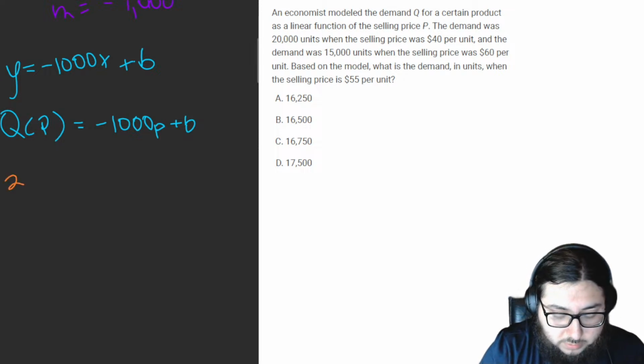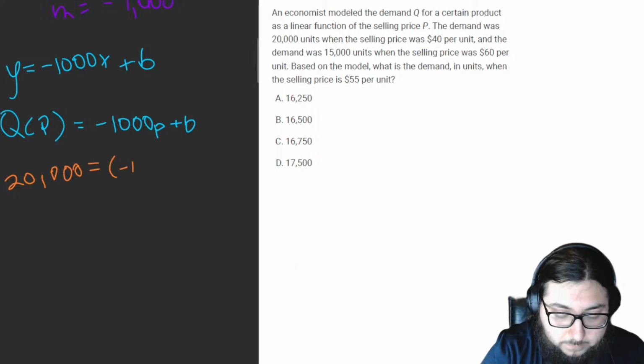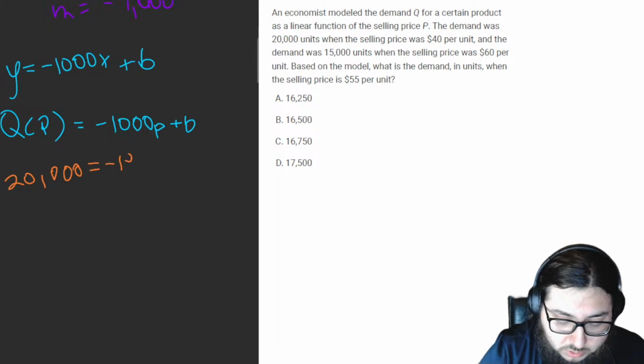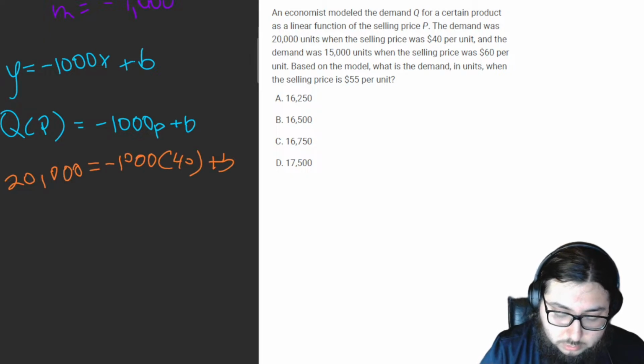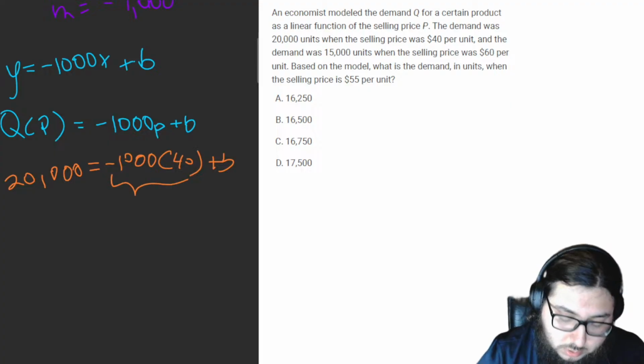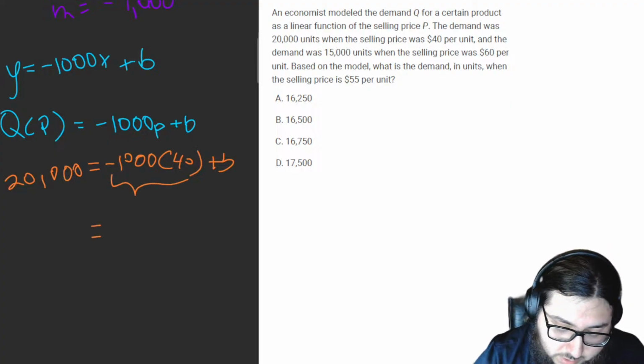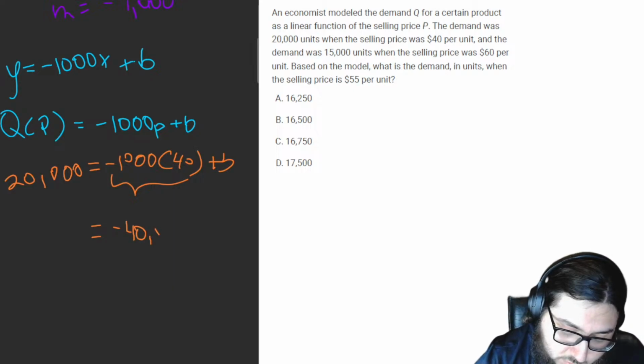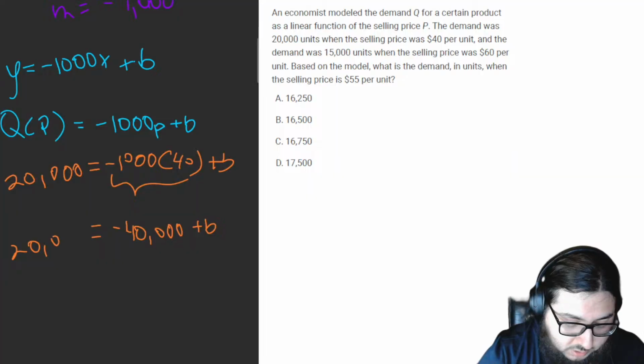So then 20,000 is equal to negative 1,000 times 40 plus B. This quantity here is negative 40,000 plus B, 20,000 here.